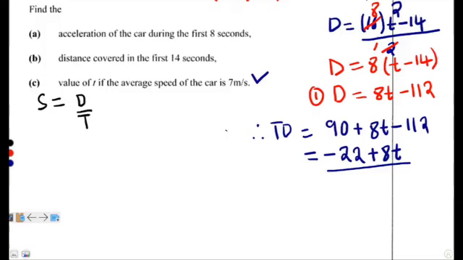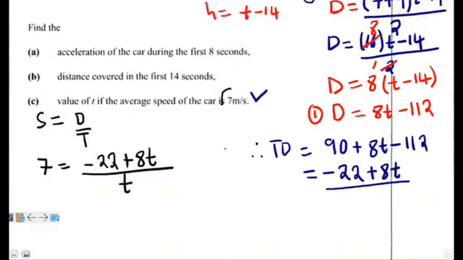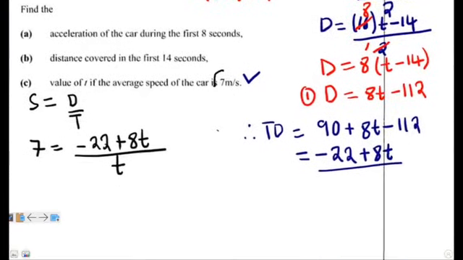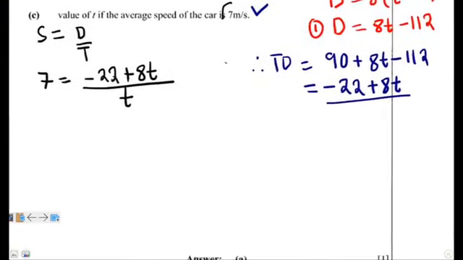Our speed, they said, is 7, so the average speed is 7. The total distance we have found is negative 22 plus 8t, over the total time, which is t, that is on the graph. Total time is t, which is right here.